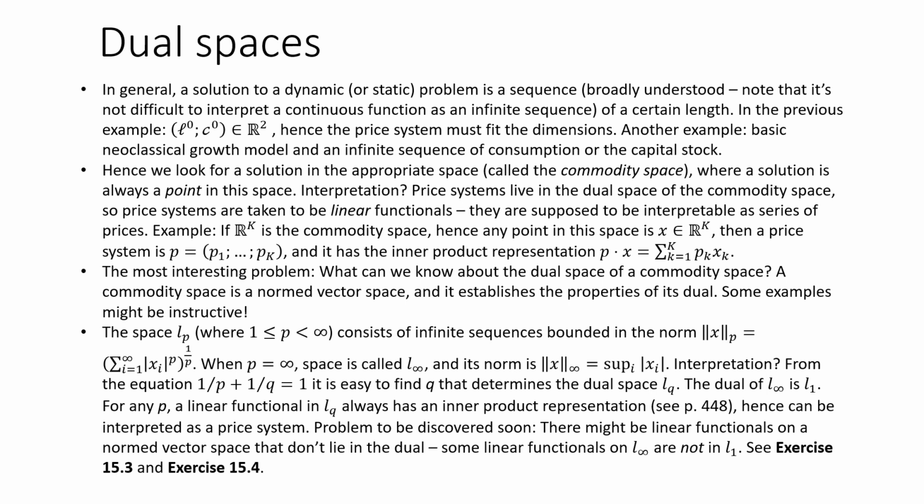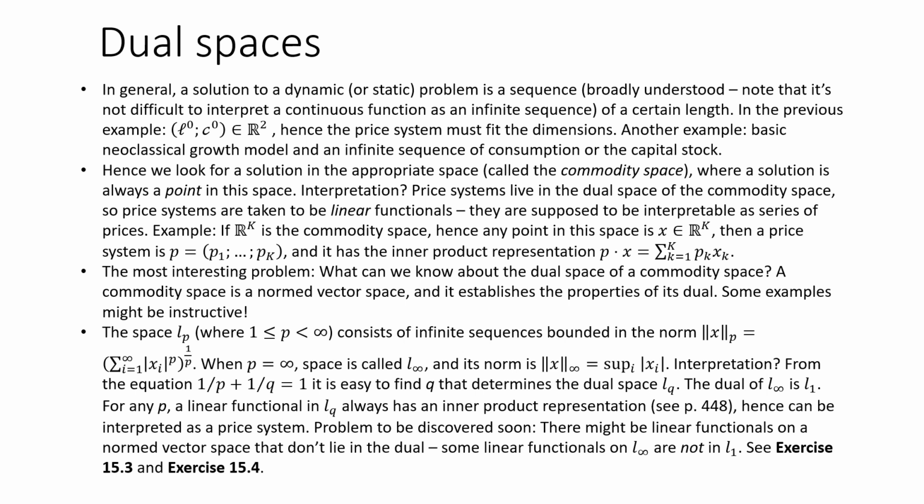Price systems live in the dual space of the normed vector space we work with. So they are linear functionals. The commodity space is always a normed vector space, which is no big deal. This is a vector space because we are looking for a solution in points of a given space that we define on the basis of the details of the problem.